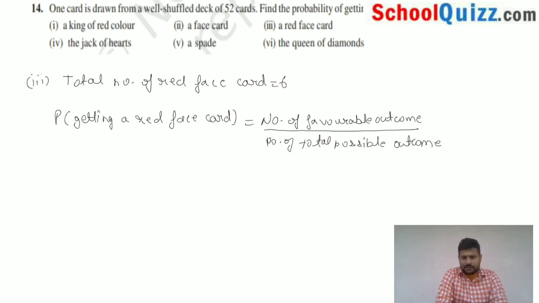Here favorable outcomes we have as 6, the total possible outcomes we have as 52. So it becomes of the form 3 by 26. So we can say that 3 by 26 is the probability of getting a red face card. Now let us proceed to the next question, that is the fourth part of this question.